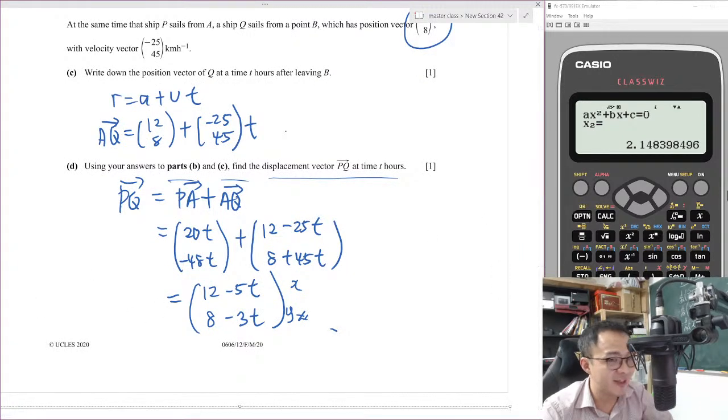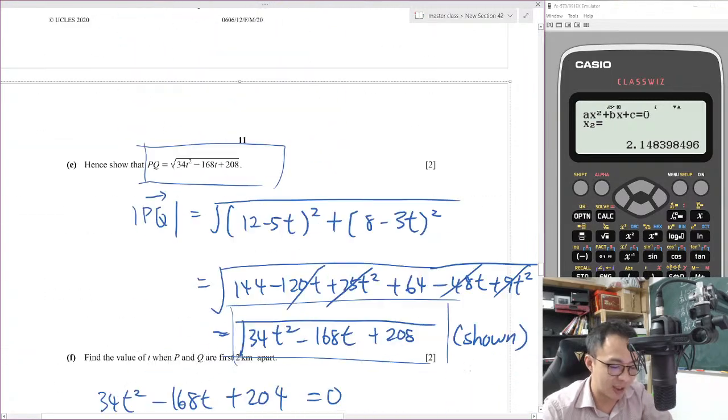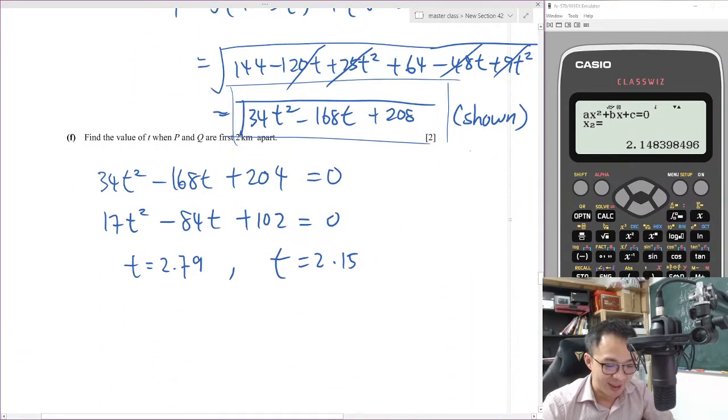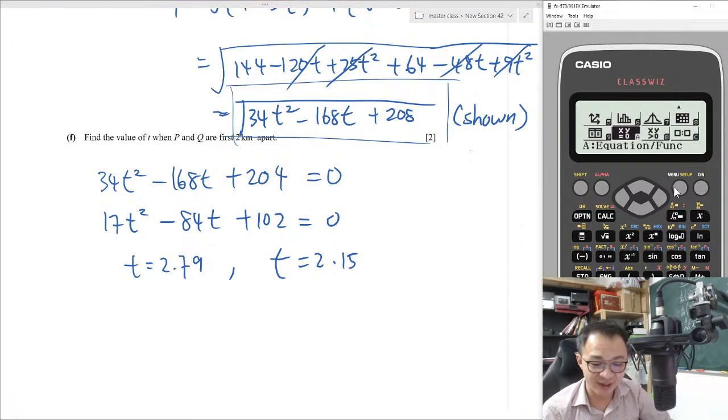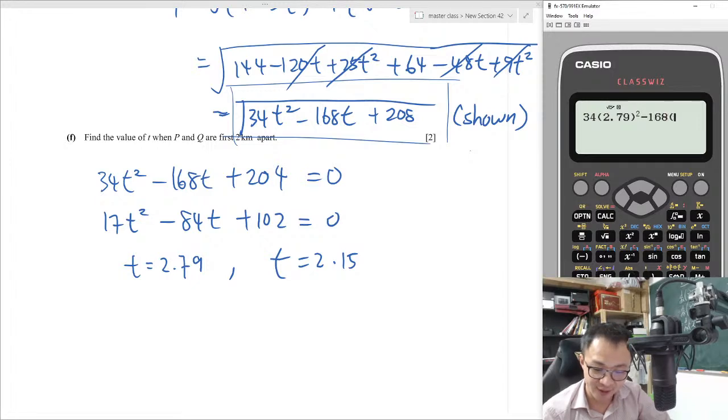If I don't have any hints, then what I need to do is plug into here and see whether I get a negative answer or not. If I get a negative answer, that means the answer is wrong. So 34 times 2.79 squared minus 168 times 2.79 plus 208. No problem, it's a positive value.